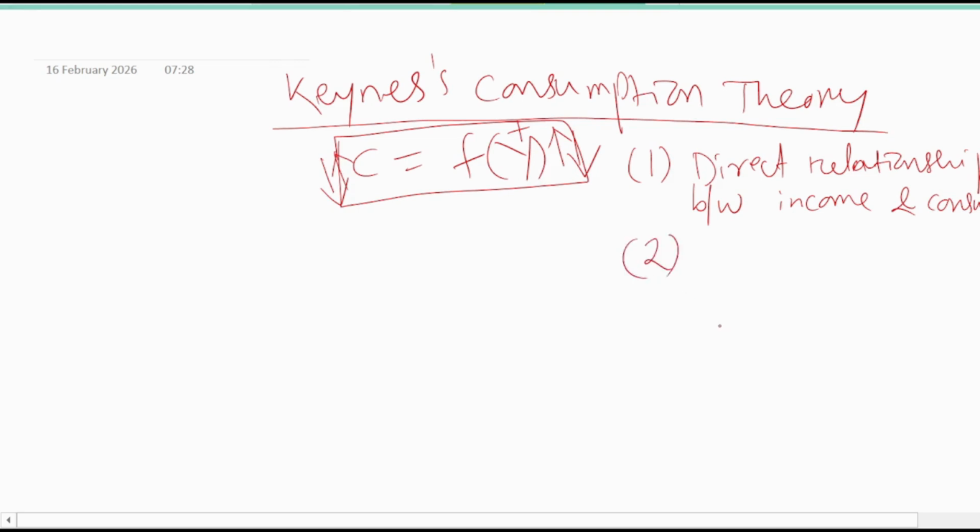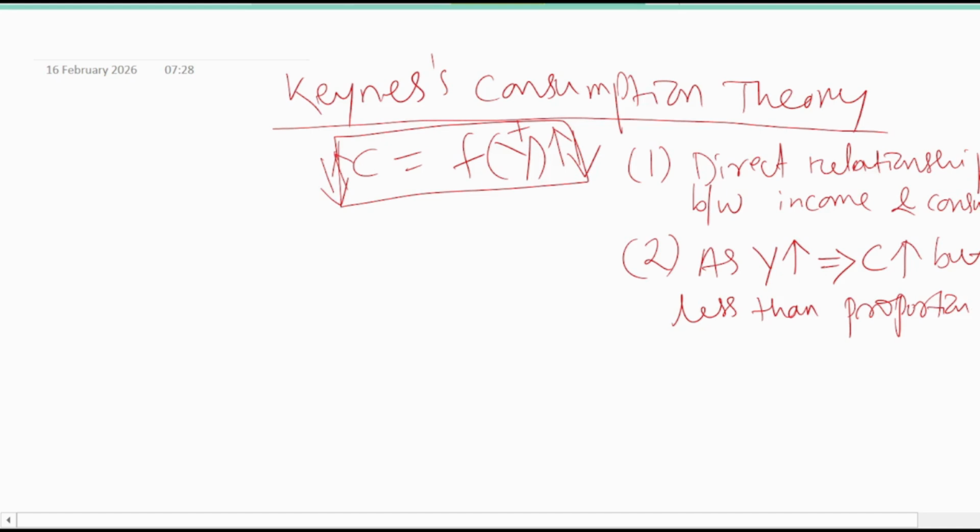Second thing, Keynesian consumption theory says that as income increases, as Y increases, this implies that consumption will also increase, but less than proportionately. Okay.